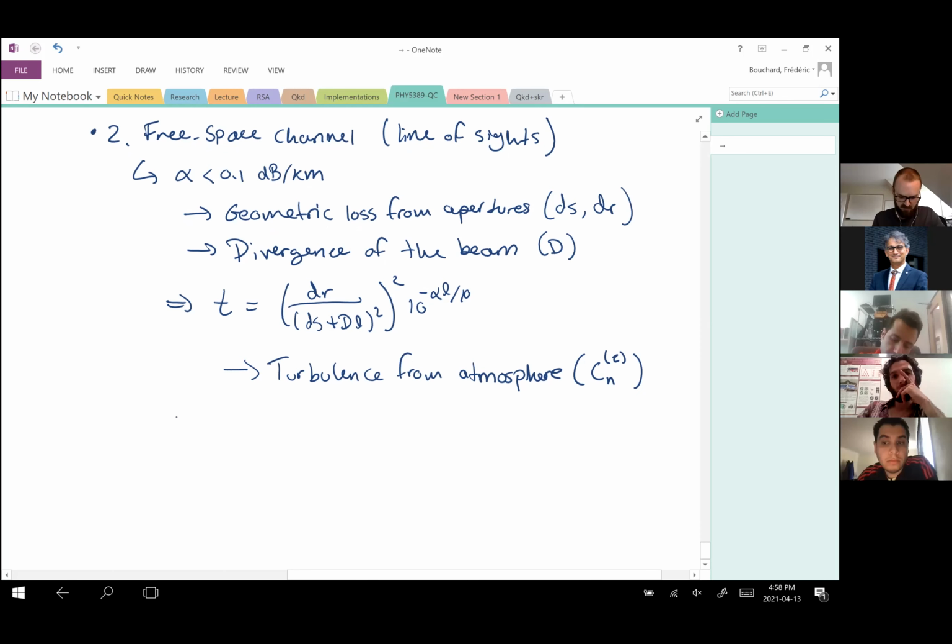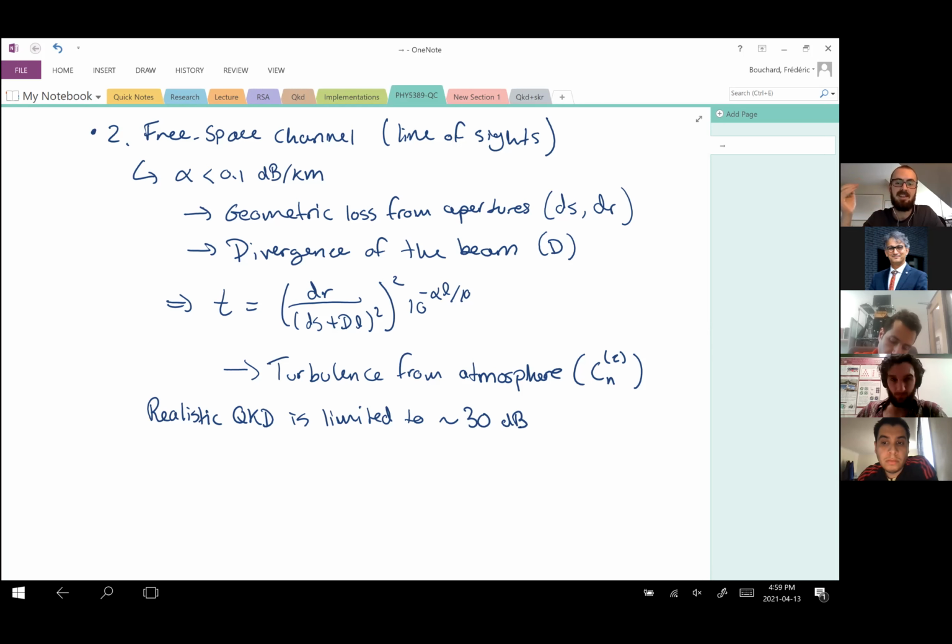Keep in mind that for realistic QKD systems right now, realistic is limited to about, let's say, 30 dB. With more than 30 dB, your signal is attenuated so much that it is on the same order as dark counts or noise background.